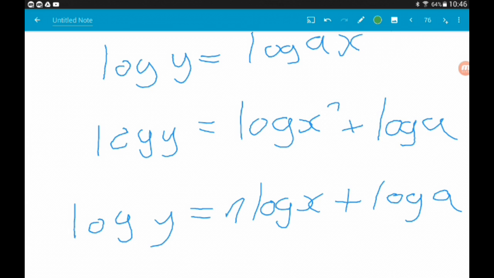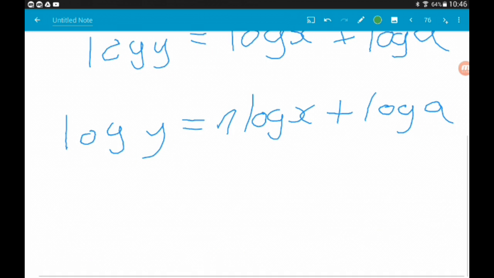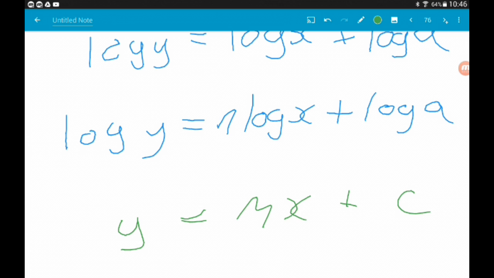So, if we compare this to y equals mx plus c, well, log y is our y term, n is our gradient m, log x is our x term, and then our constant at the end, our y-intercept, which would actually be our log y-intercept here, is log a.